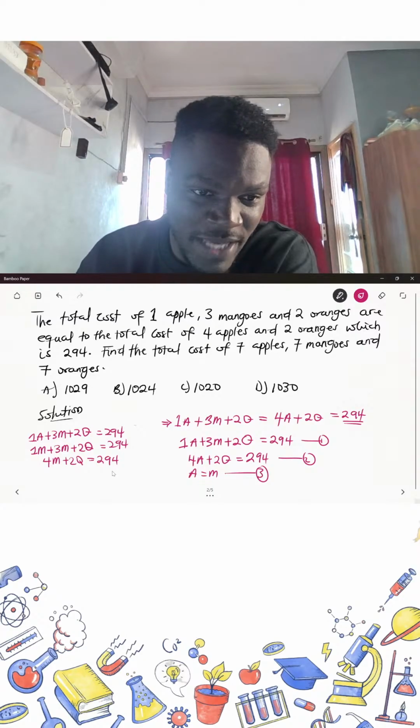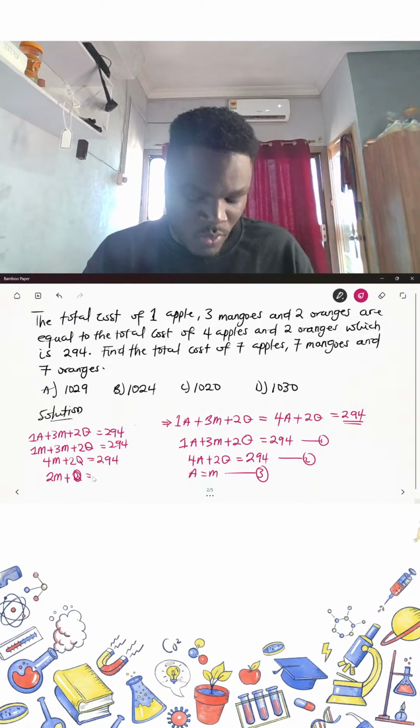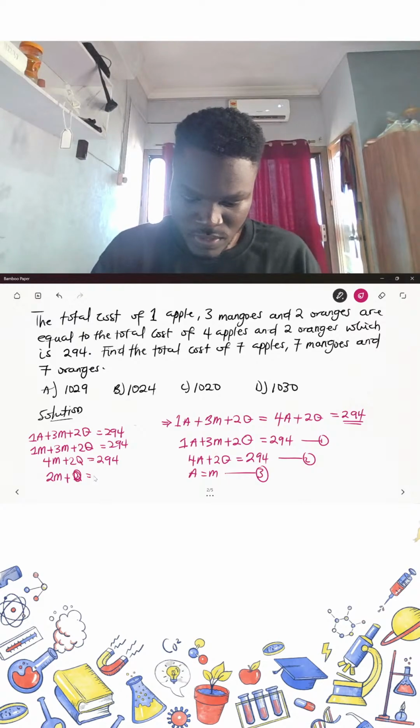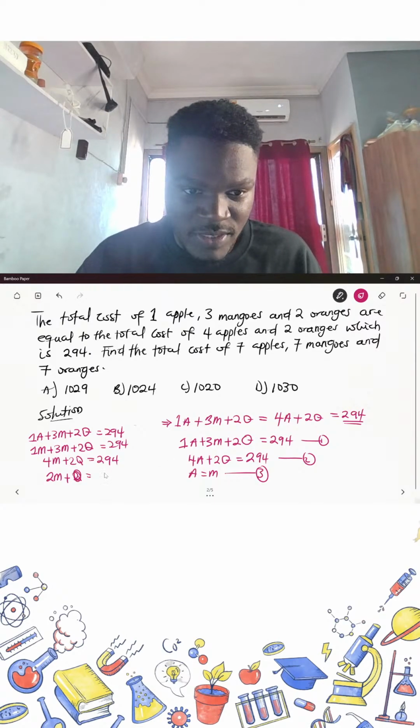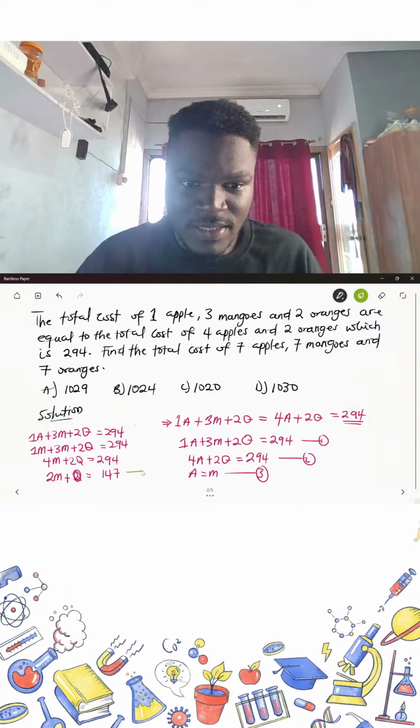If I divide both sides by 2, I'll get 2M plus Q will be equal to 294 divided by 2. 294 divided by 2 will give me 147. So this will be another equation for me, so I'll make this equation 4.